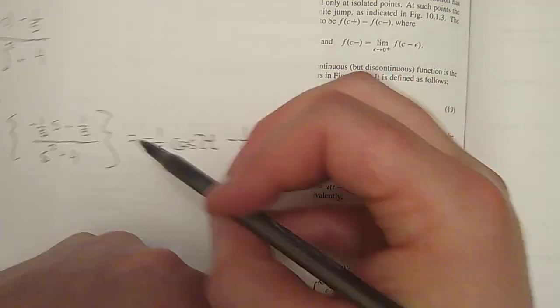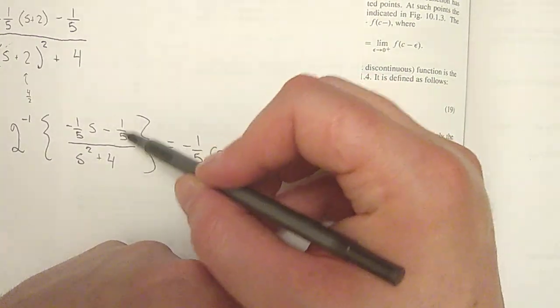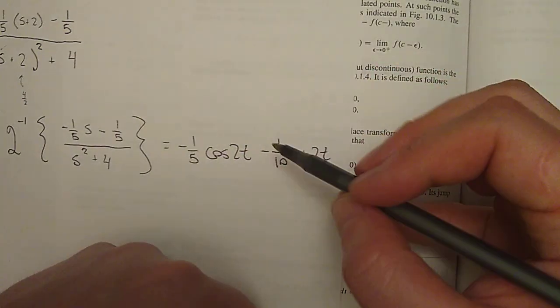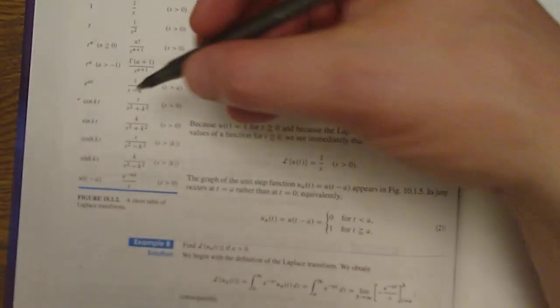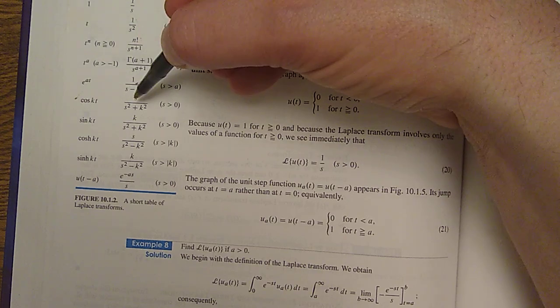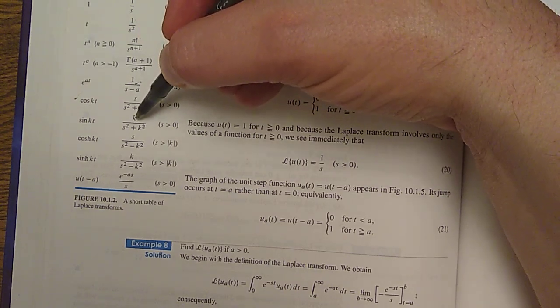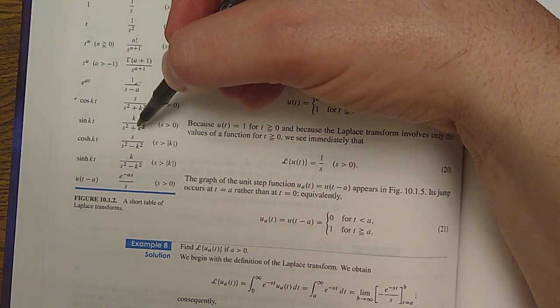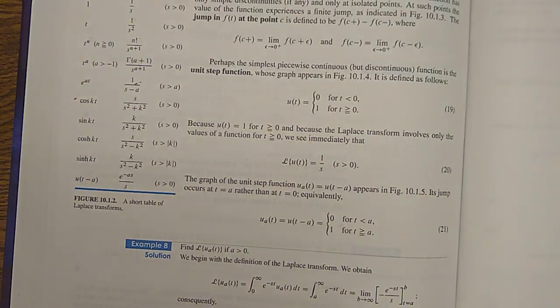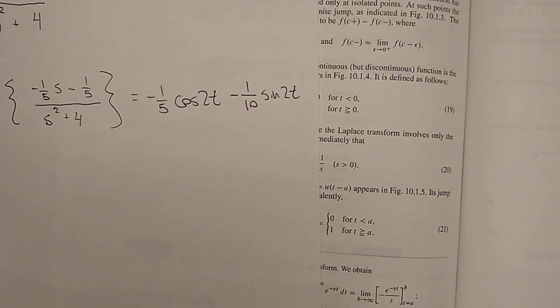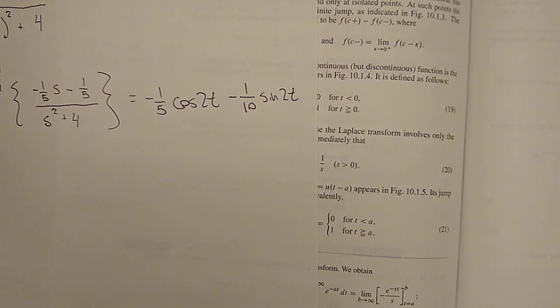This 1/10 is first of all this 1/5, but there's also an extra half, because this one would normally have a 2 on top, and instead of a 2, we had a negative 1/5, and negative 1/5 is negative 1/10 of 2. That's why that's a negative 1/10.